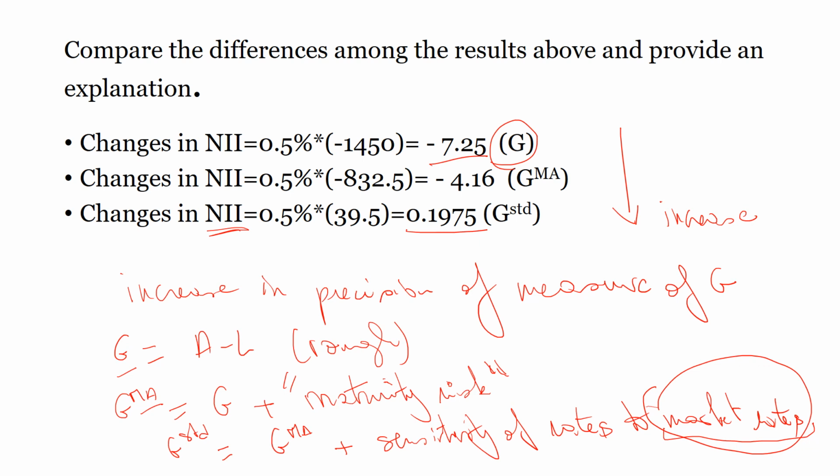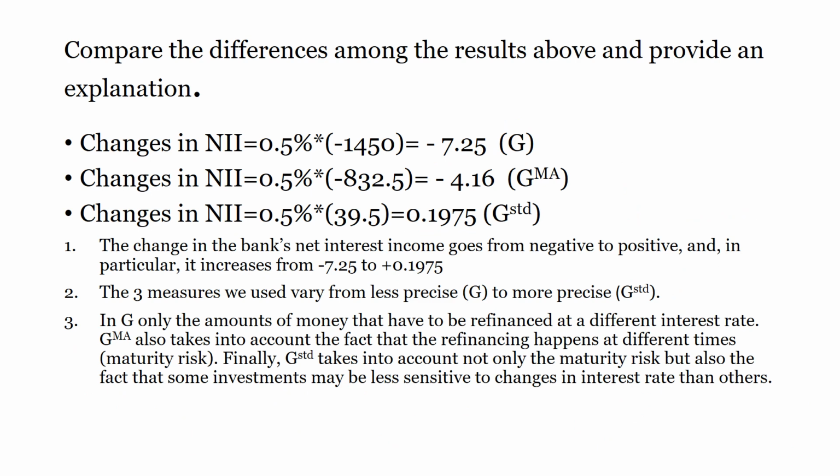But essentially, what I want to say here is that you have an increase in precision and detail when you go from G to the next measures. It is summarized in this slide, so I won't go through it. You can read it later if you want. Everything you want to write about it, at least a summary. You could say much more, but this is the minimum you can say to answer this question.